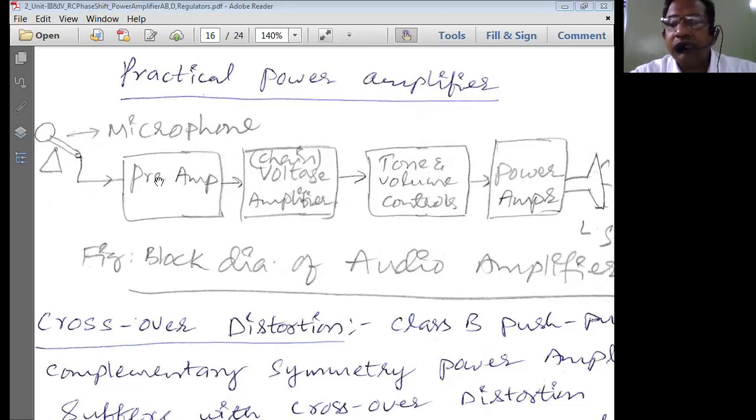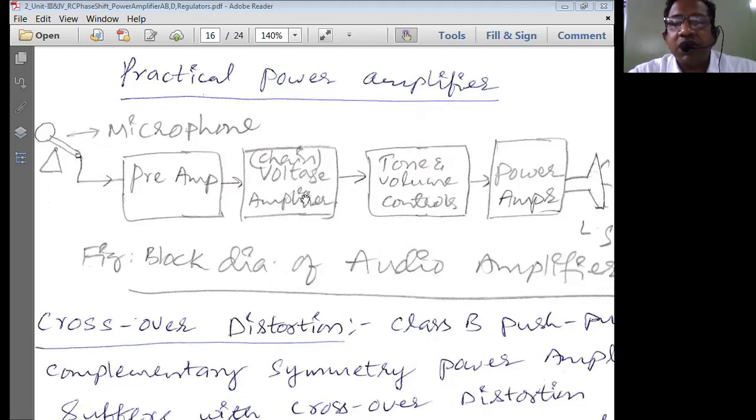Therefore, here we have to increase the voltage and current levels so that the signal can be amplified by the voltage amplifier, and this waveform also has to be smoothened so that it can be applied to the voltage amplifiers. That means, in order to increase the signal level for a voltage amplifier to amplify and to smoothen the input signal, we normally use pre-amplifier circuits.